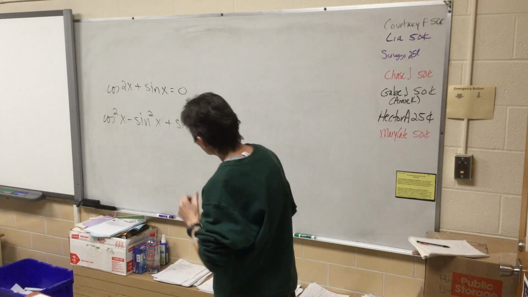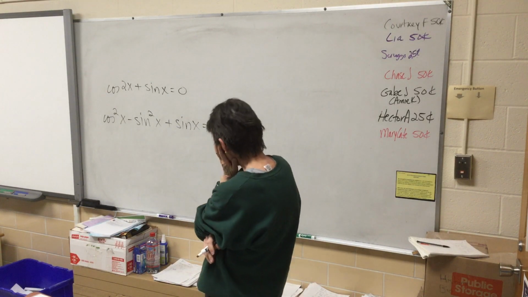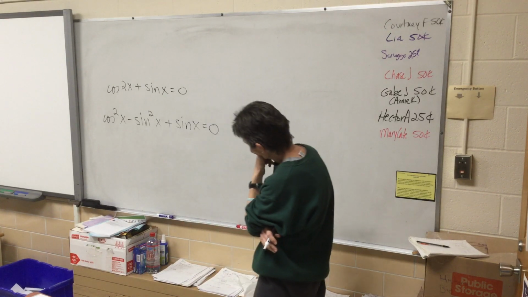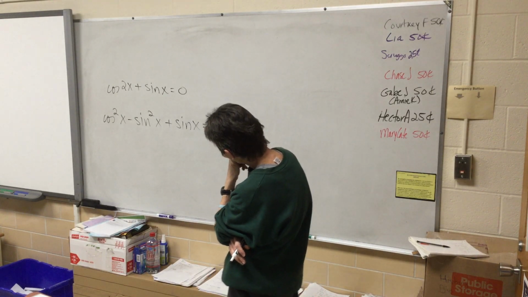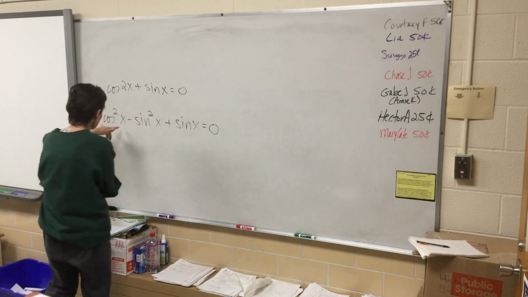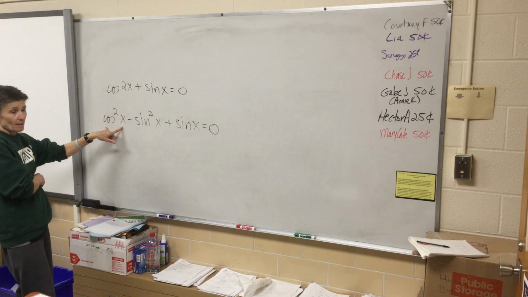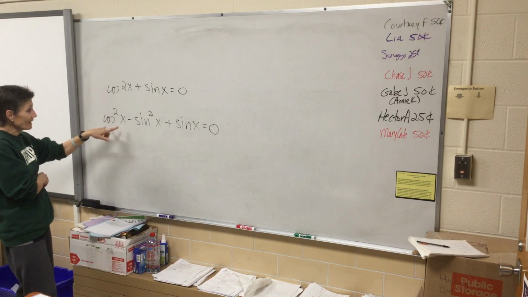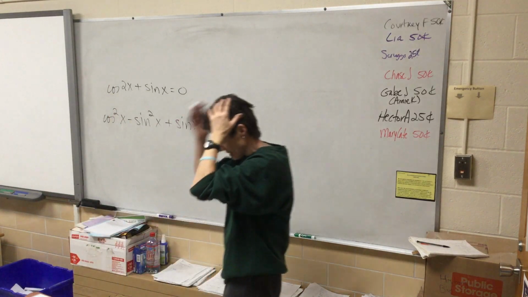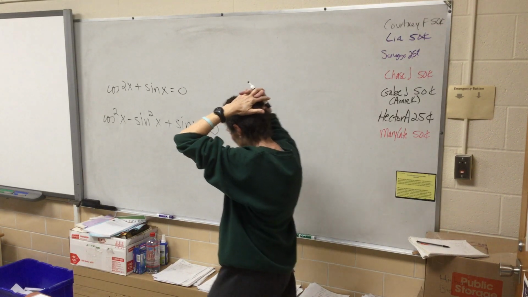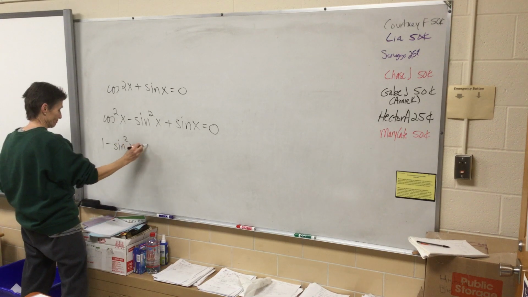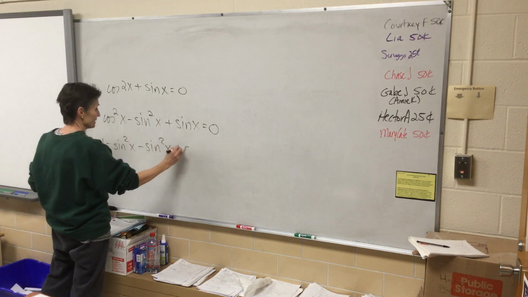Now, what should we fix about this? This does not look very good. Take out a sine? Well, I would love to take out a sine, but I can't take it out of a cosine. What can I do about that cosine squared? You can change it to 1 minus sine squared. Yes, and why does it make sense to do that? You make all the signs the same. Exactly.